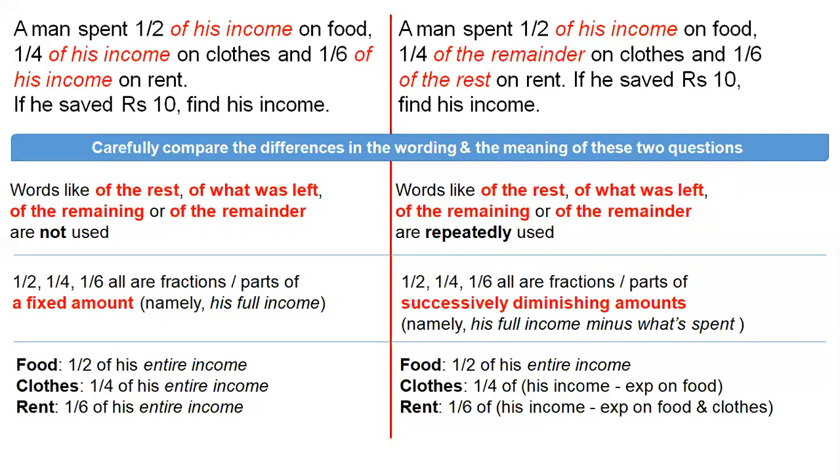It is 1/4 of his income minus expenditure on food. And the rent is not 1/6 of that amount. It is 1/6 of his income minus expenditure on both food and clothes. So 1/2, 1/4, 1/6. They're actually fractions of different quantities on the right side.